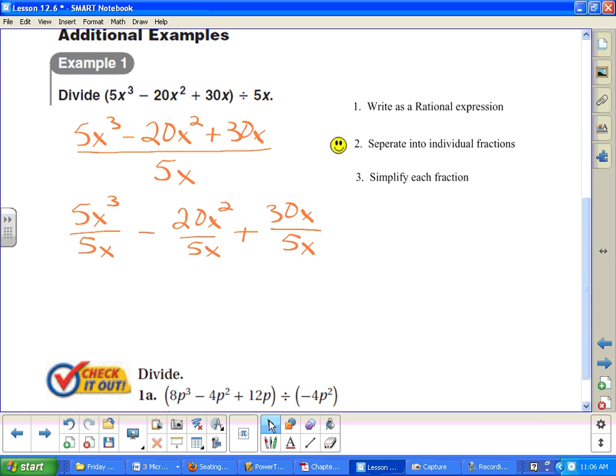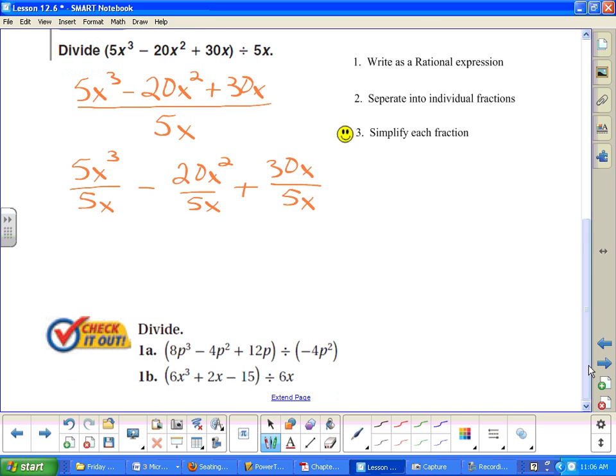So our third step then is just simplify each of those individual fractions. 5x cubed over 5x: the 5's will cancel and x over x cancels, so I'm left with x squared. 20 divided by 5 is 4. X squared over x is x. And 30x divided by 5x is 6.